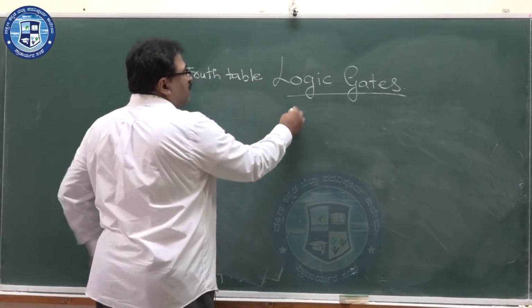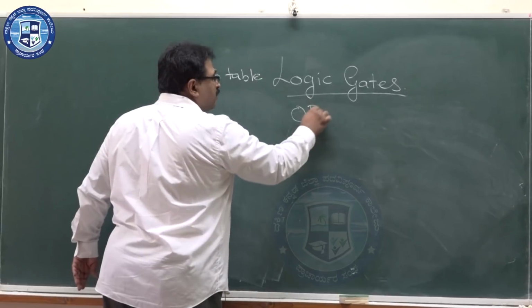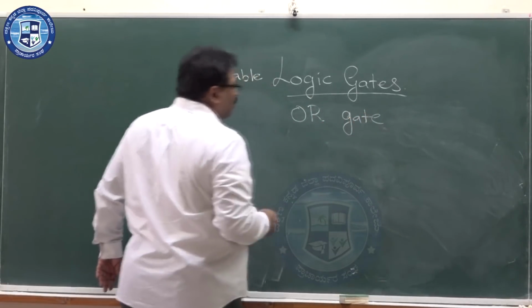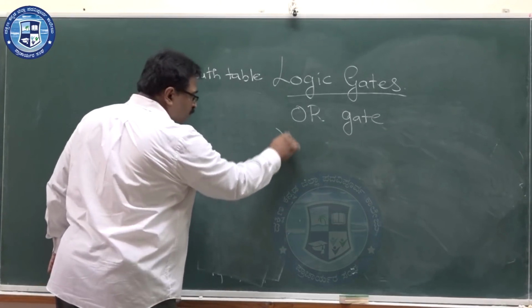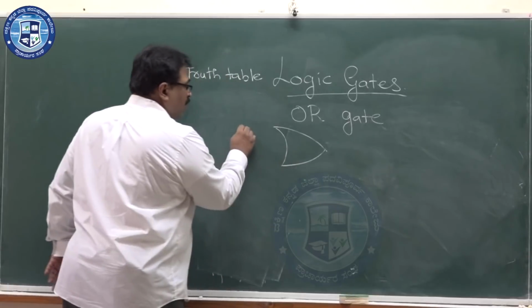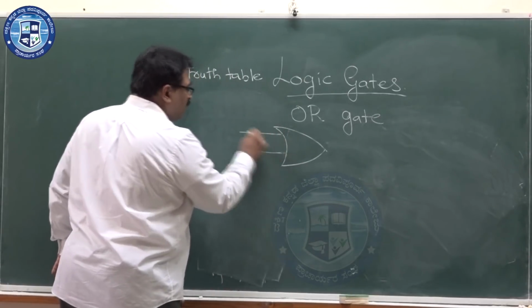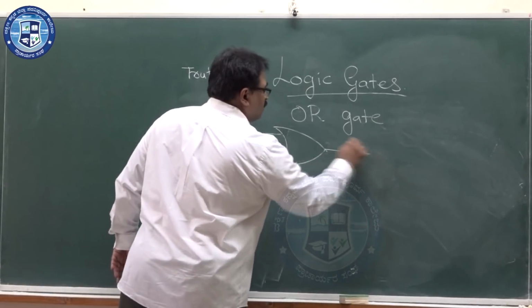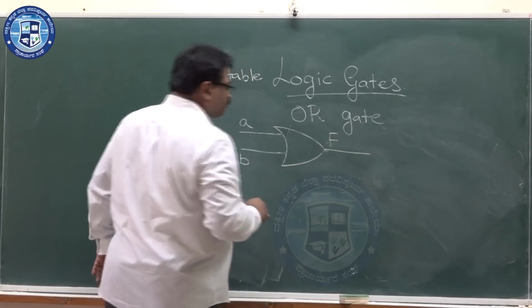So now we will see the next basic gate, that is OR gate. First we will look into the symbol of this, and 2 inputs are there, A, B, and this is the output.